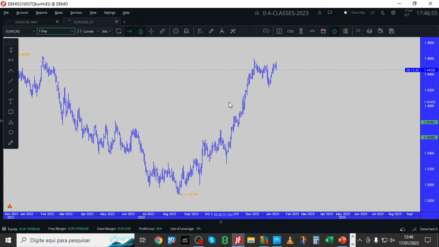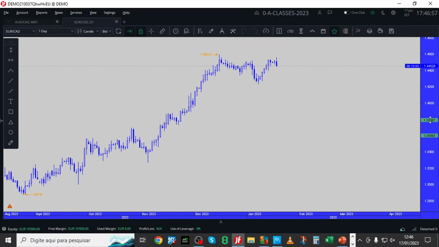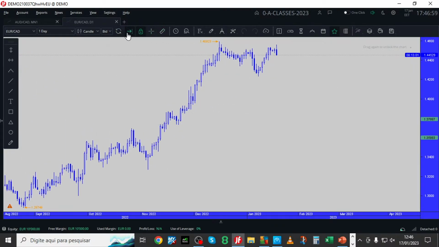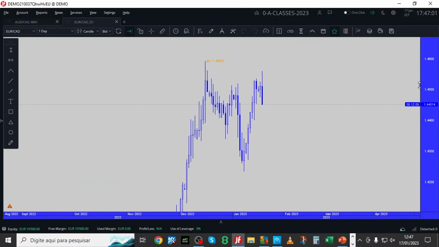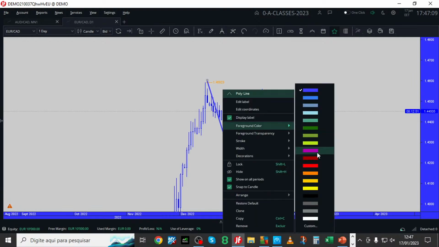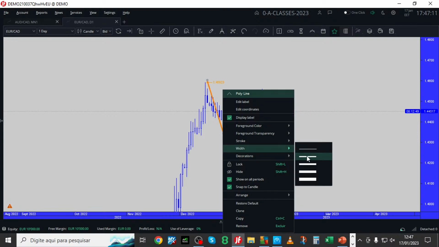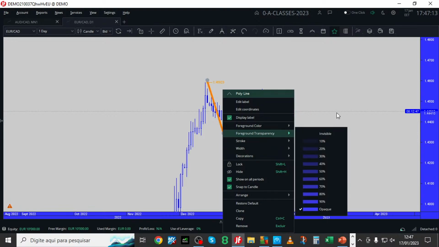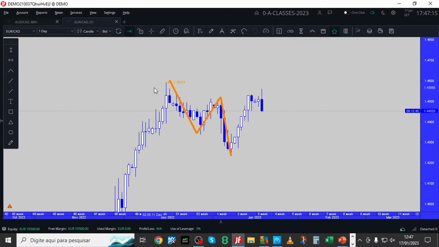There you go, everybody. EuroCAD daily chart. High to low, low to high, right? Something like this. High to low, low to high. And now the market made a higher high.